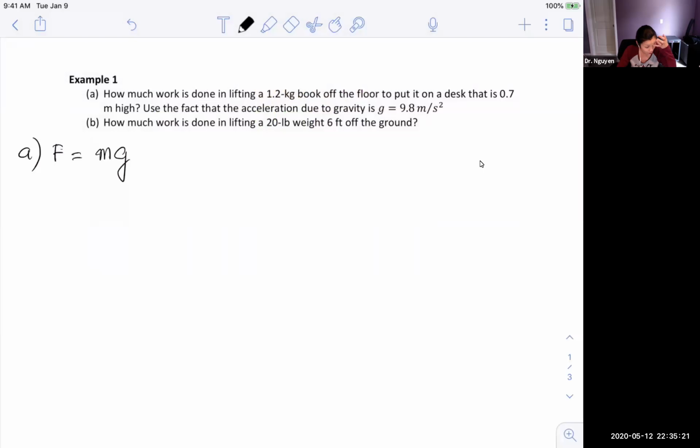So the mass is 1.2, and gravity is given right there as 9.8. So that's going to be 11.76 newtons. Okay, so that's the force exerted by the mass and the gravity.